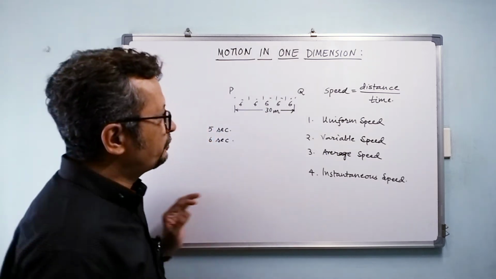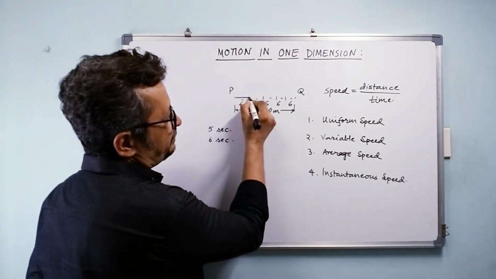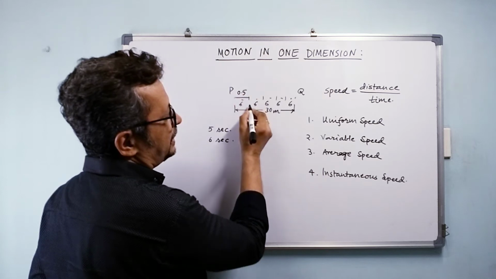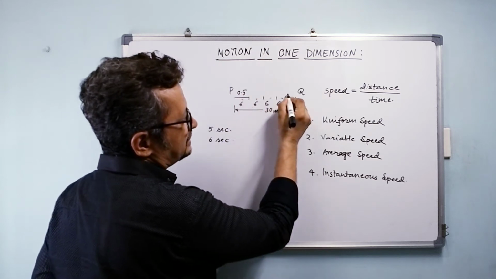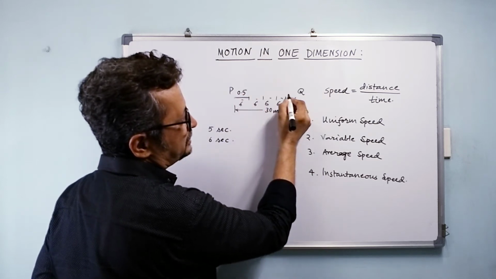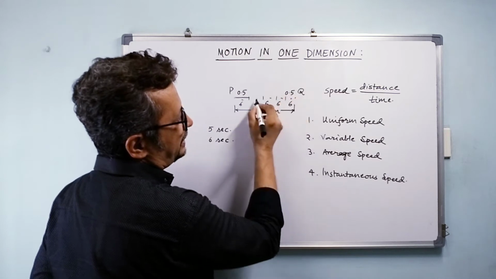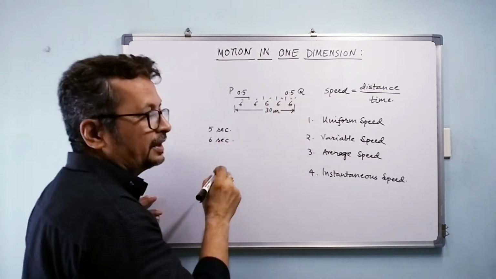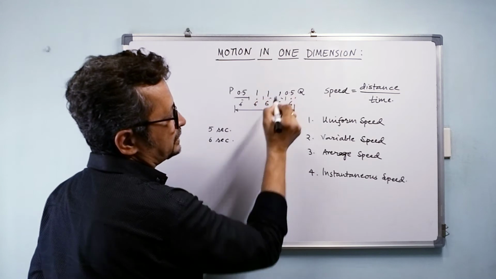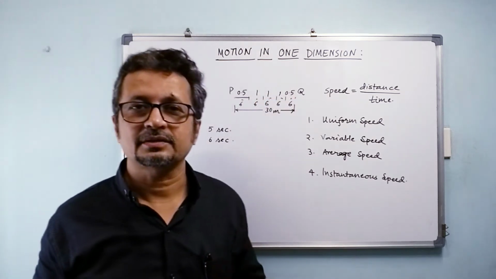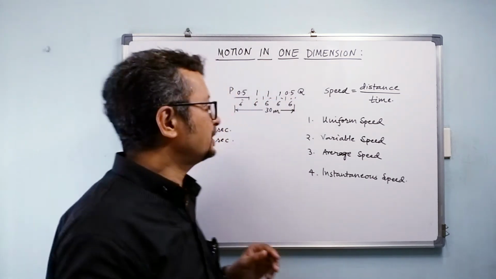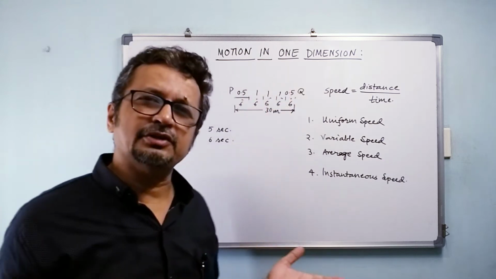But then for the first 6 meters, if I take half a second, then for the last 6 meters again I take half, and then for the other distances I take 1 second, 1 second, 1 second, or maybe some other values of time.